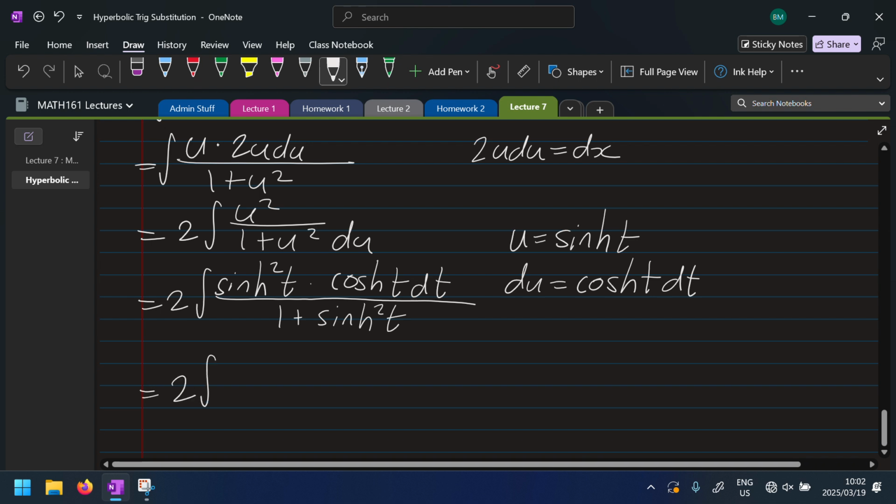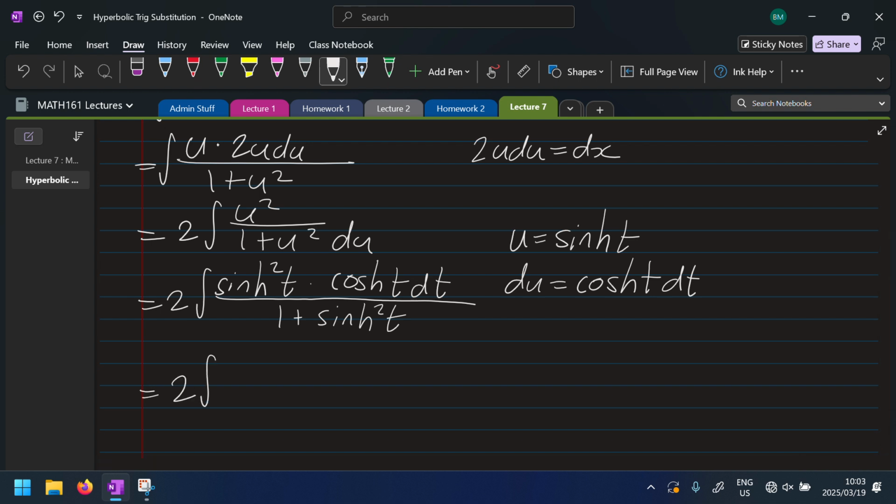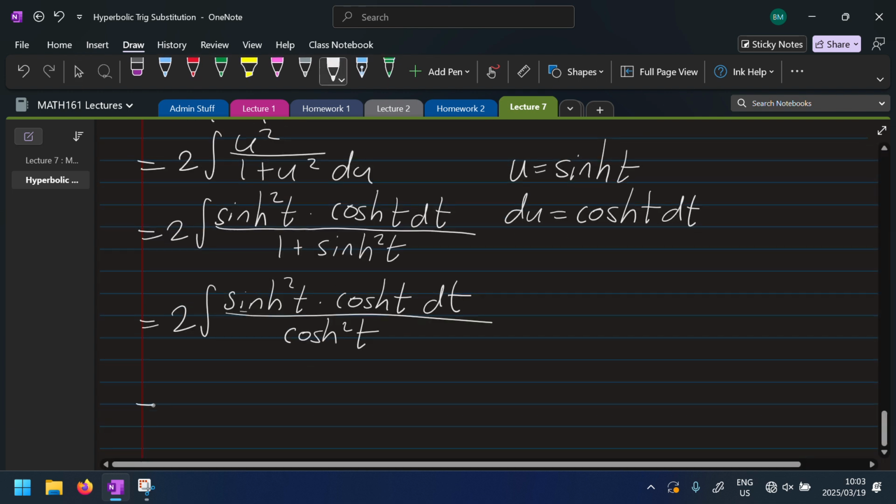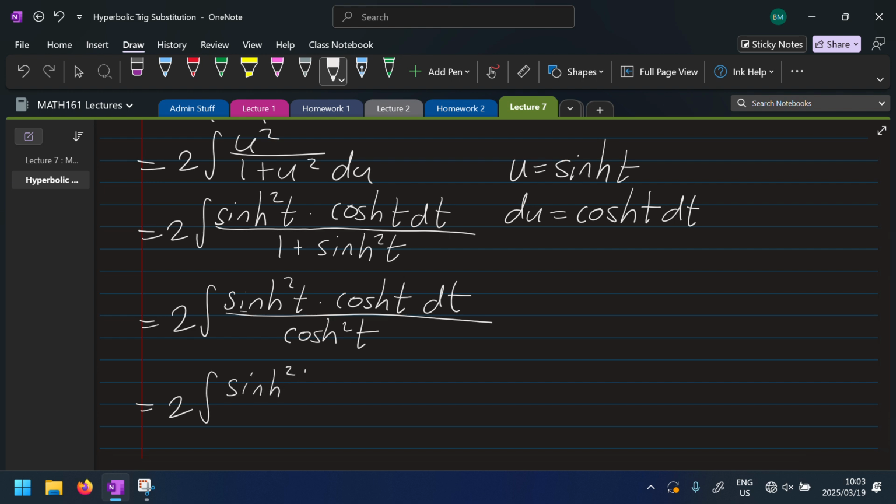So 2, that can stay out there. 1 plus sine hyperbolic squared, that's cos hyperbolic squared. Yeah, the top can stay the same, but in the bottom, cos hyperbolic squared. Okay, cos at the top, cos squared at the bottom. One of them will cancel. So we end up with 2 integral sine hyperbolic squared over cos.